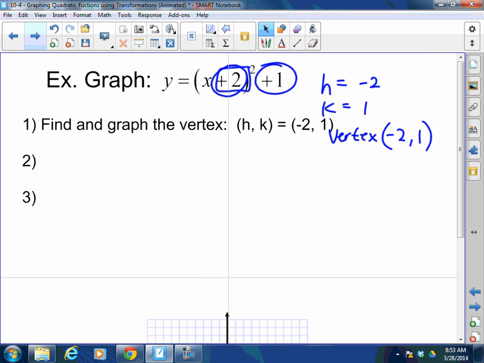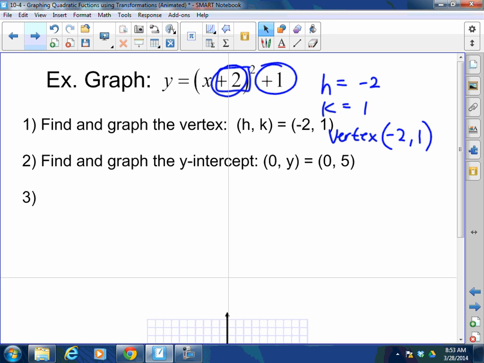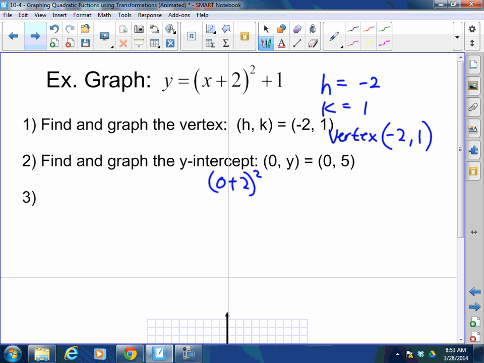Step 1, find and graph the vertex, which I already showed you how and why to find it. Step 2, find and graph the y-intercept, which is the y value when x is 0. When I make this x 0, isn't this 0 plus 2 squared plus 1? What's 2 squared, plus 1?